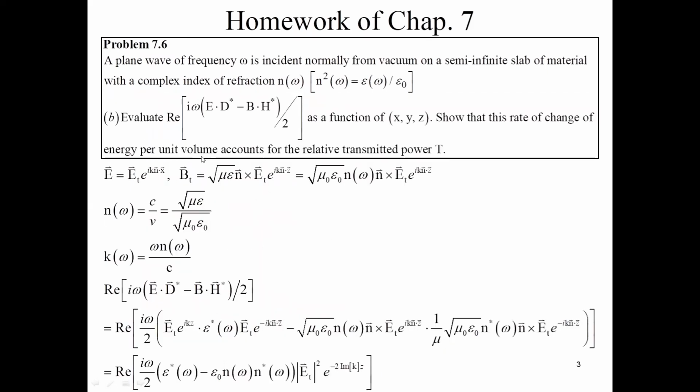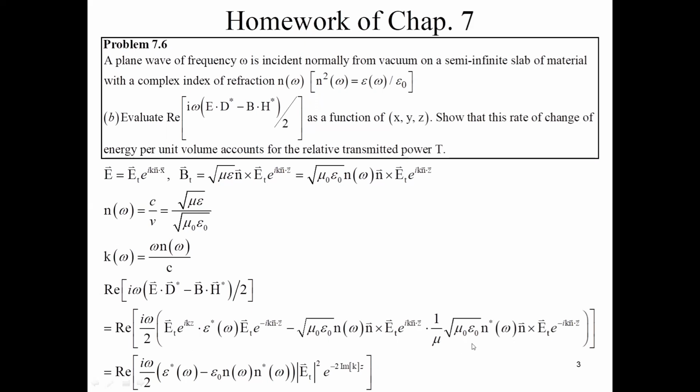Okay, and then for problem B, we want to evaluate this function. First we use the plane wave assumption. So the E field is equal to this and the B field is equal to this. And so this, omega times (E dot D conjugate minus B dot H conjugate) over 2, will equal this term.